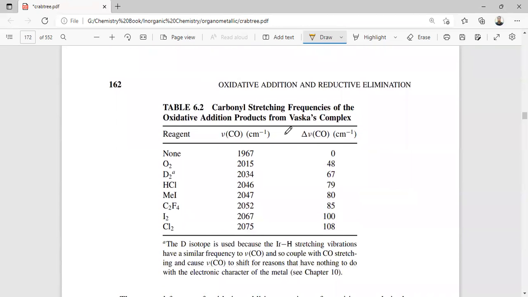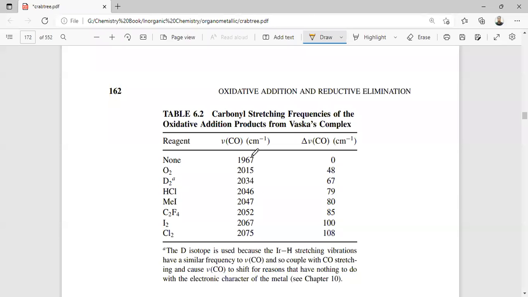In this table, we see the carbonyl stretching frequencies of the oxidative addition products of the Vaska complex. Along this range, the oxidizing nature of the molecule will increase. When it connects to the metal center, the ν(CO) of the complex, the stretching frequency, will increase due to the net positive charge on the metal center.